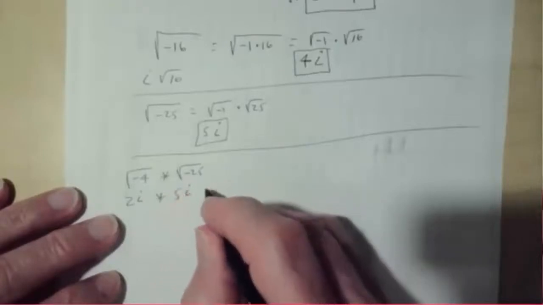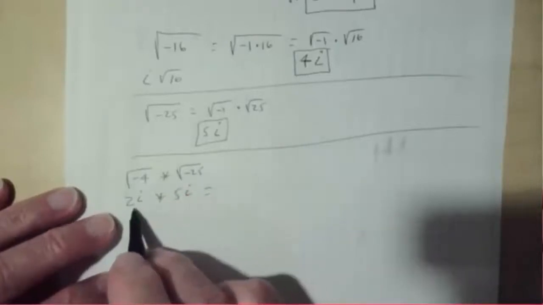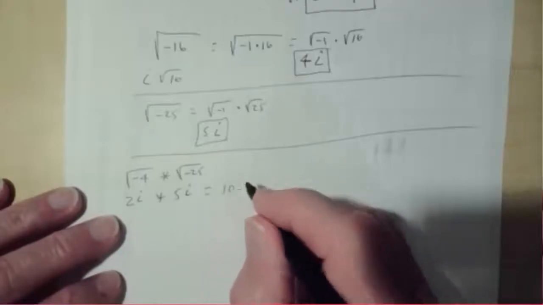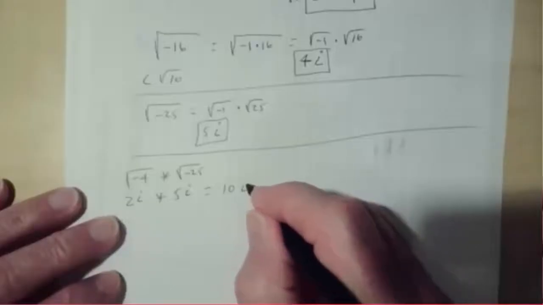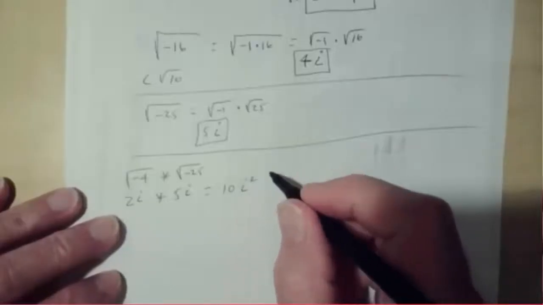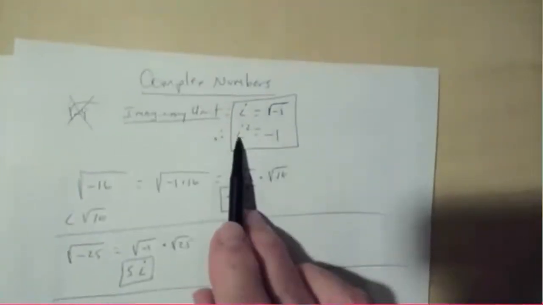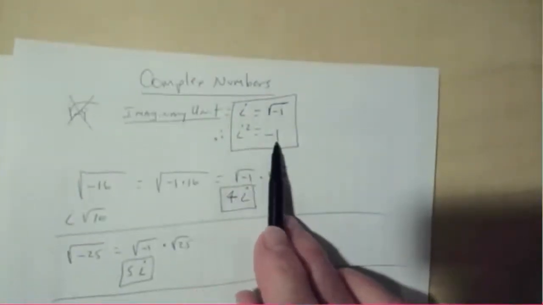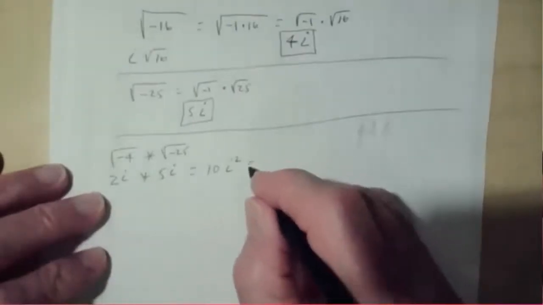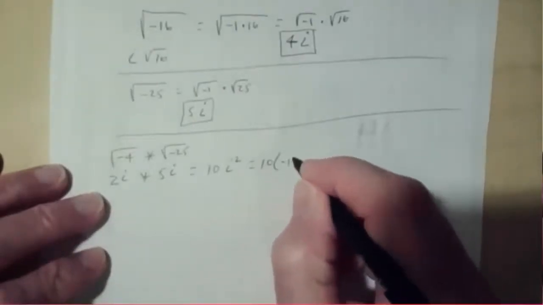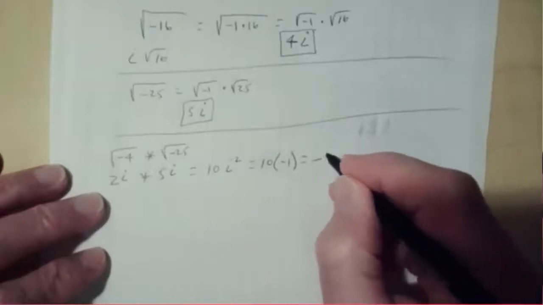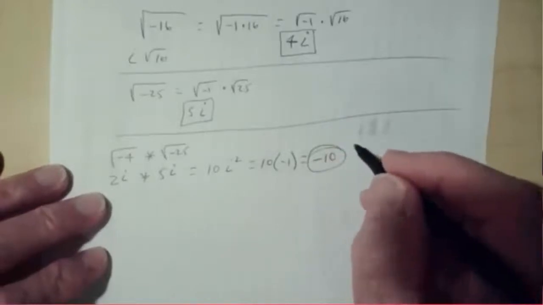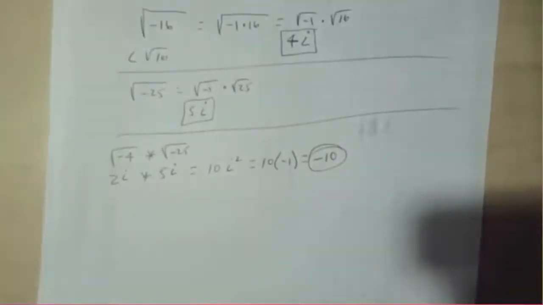Now the square root of negative 25 is 5i. So this equals 2 times 5, which is 10. Now i times i is i squared. And remember, i squared is negative 1. So this equals 10 times negative 1, which is negative 10.